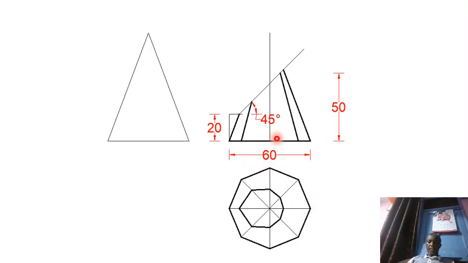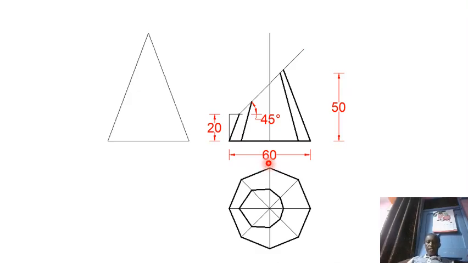To keep the distance between this and the front elevation and the plan, we can measure 20 and another 20. So total distance here, we can put a distance of 40 or 20 as you wish. Once you've drawn this baseline, you can measure 20 or 40 as you wish.